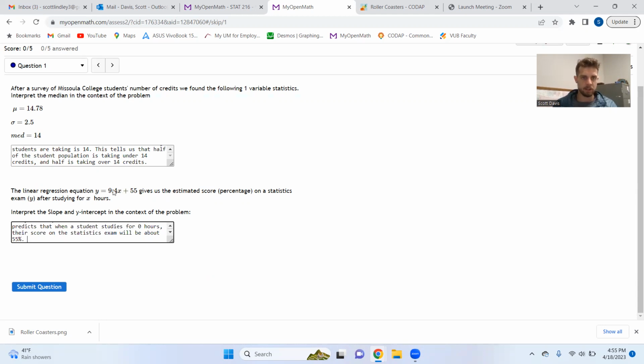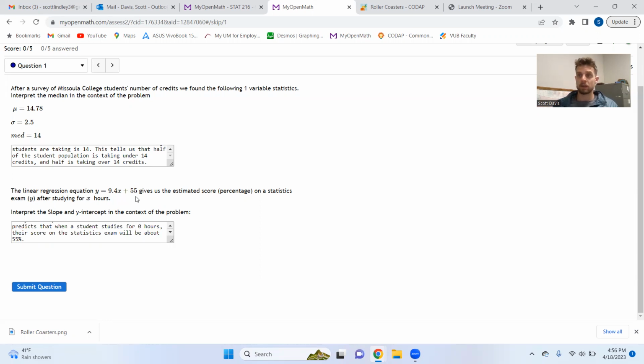And when this x value is 0, our y value will be the y-intercept. In a lot of instances, it won't make sense in a real world context, but I still want us to interpret it in that context, as if this value were 0, then our y value would be the y-intercept.